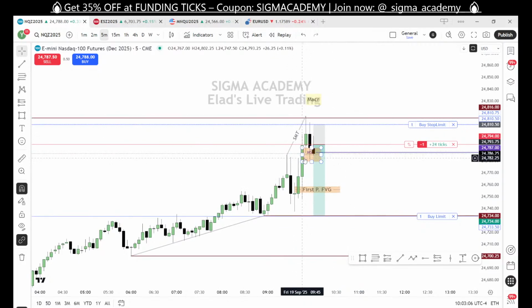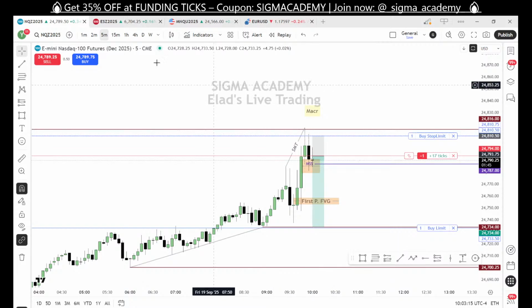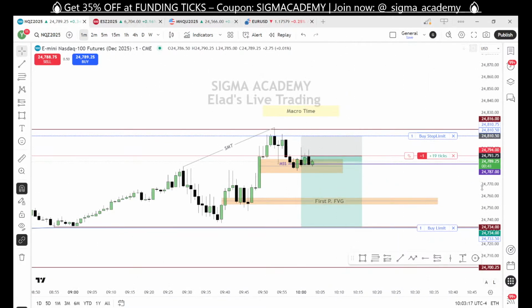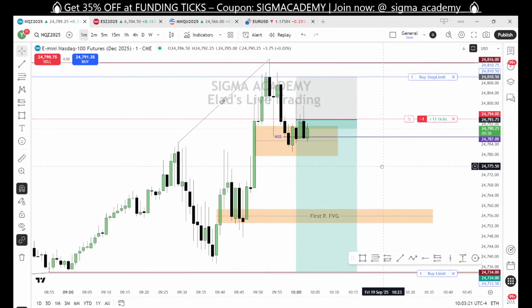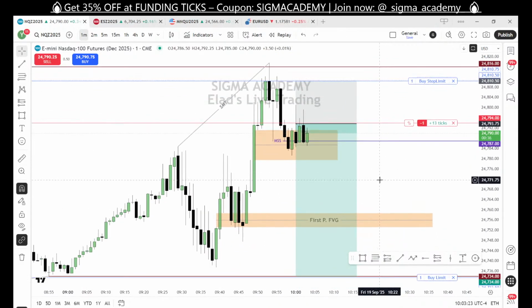So this is high probability because we have one, Friday, two, SMT, three, liquidity, four, MSS, five, fair value gap. A lot of reasons for now to go lower. Just let it breathe for now.